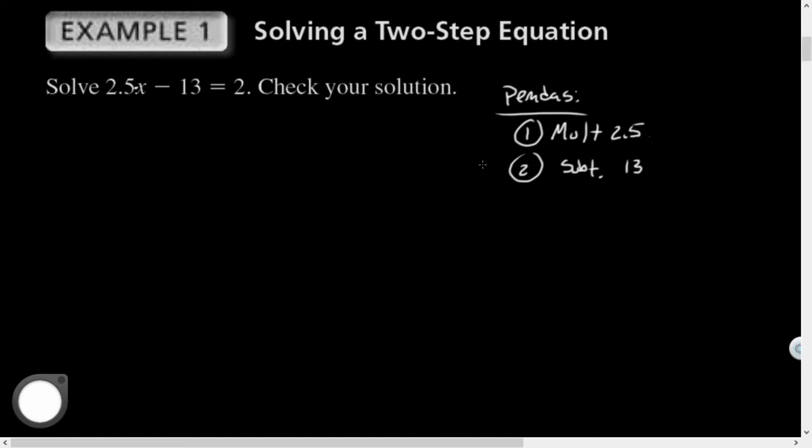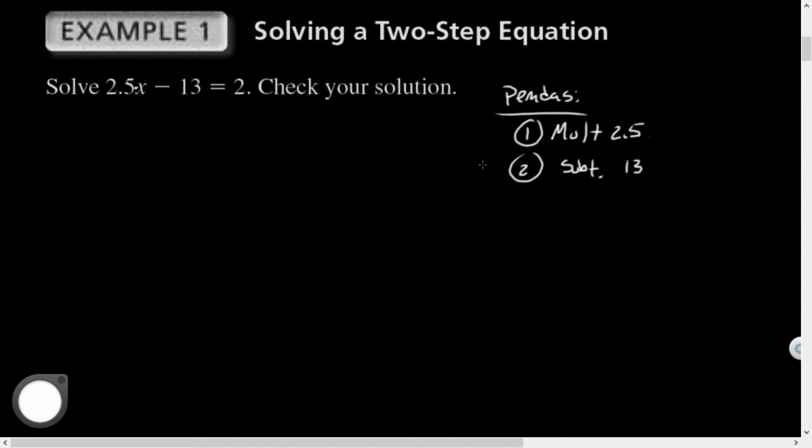Now we've been solving equations by undoing the thing that happens to the variable, right? So if the variable was being subtracted by something, I'd added something to both sides. If the variable was being divided by something, I multiplied both sides by that. So I've been undoing what's been occurring to the x.